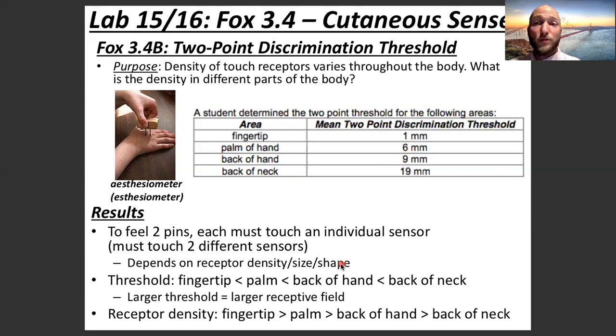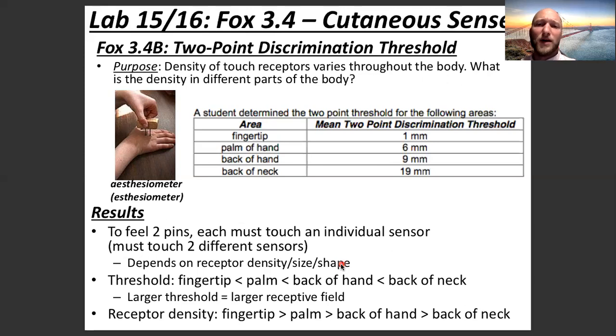Absolutely, because we're humans, we make tools, we move things with our hands. Is it important to have really acute, really accurate sensation on the back of your neck? No. I mean, it's like, oh, I feel a spider falling on my neck, I need to get it. It's not like you need to feel exactly what's going on there. You're not moving things around with the back of your neck.